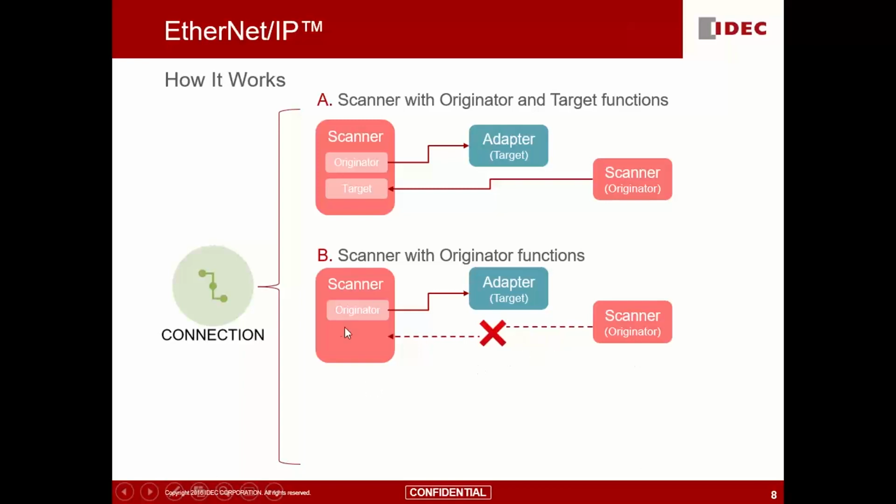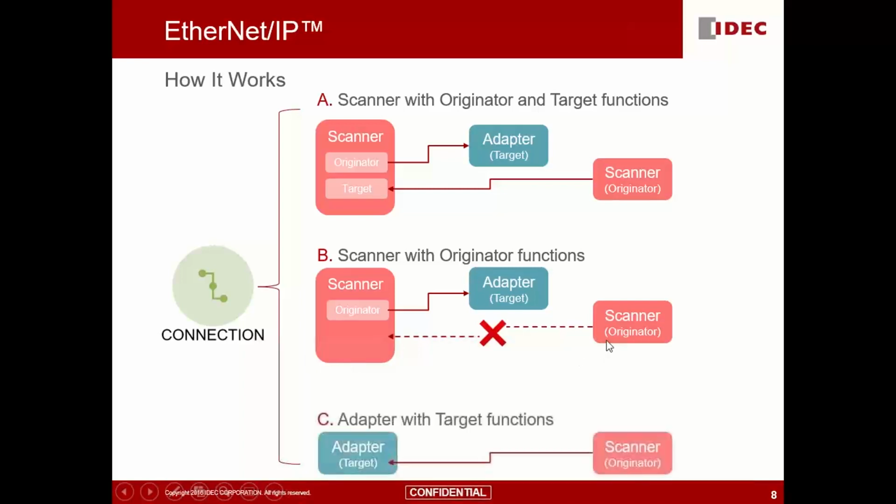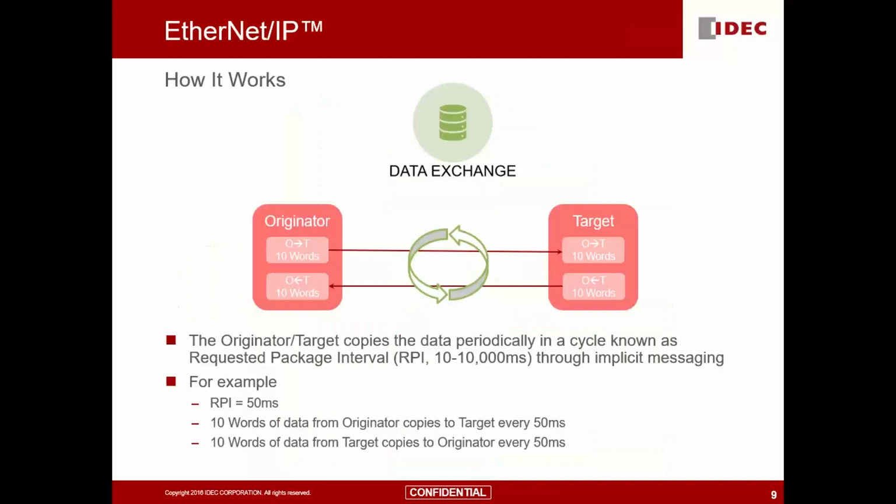So no connection here, because this scanner device on the left does not have a target function. So the third scenario is very obvious. You have scanners, you have adapters. Very easy connections.